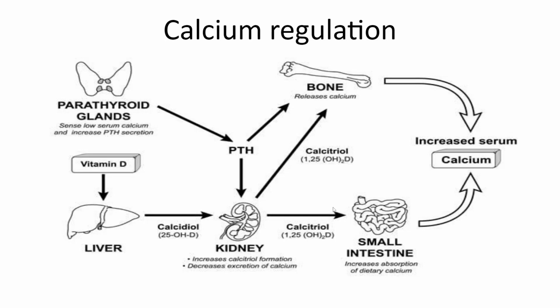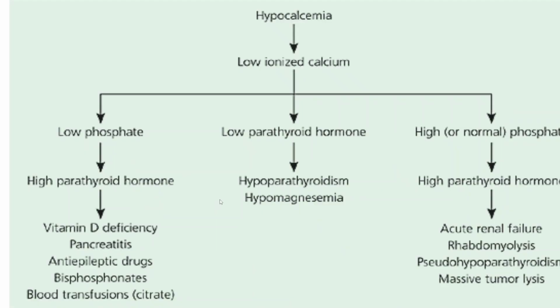So all that we are going to discuss about the calcium imbalance is about the ionic calcium, not the non-ionic calcium. Now, ionic calcium could be altered either as hypocalcemia or hypercalcemia.